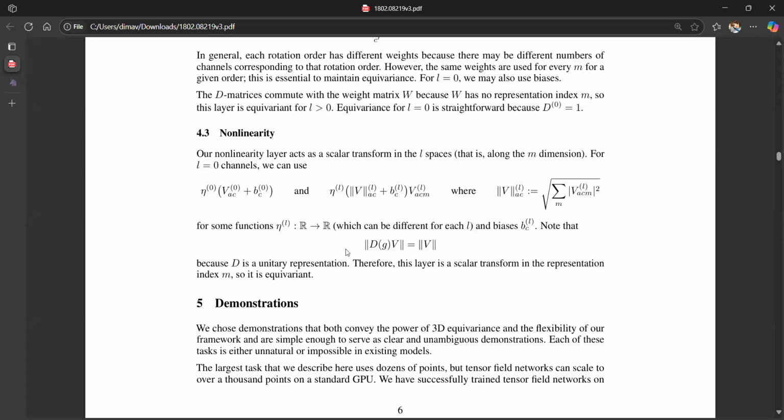For example, vector times vector, of course, that's a scalar. So the non-linearity is only applied to scalars, and then the rest is irrelevant. At the end of the day, this whole thing is just non-linear functions of scalars. Then I'm fine with it. Then this is obviously going to be invariant.